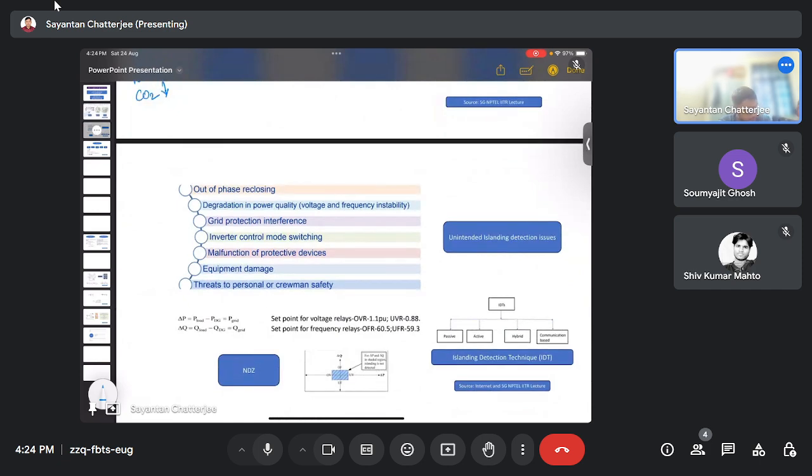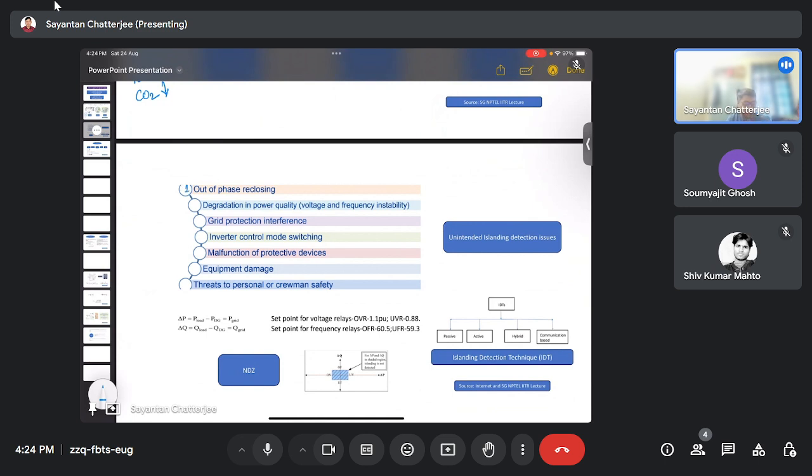So here we can see that while islanding, some issues may show up, before these islanding cases occur, some issues may be faced by the operating personnel. Like out of phase reclosing, this is one problem.